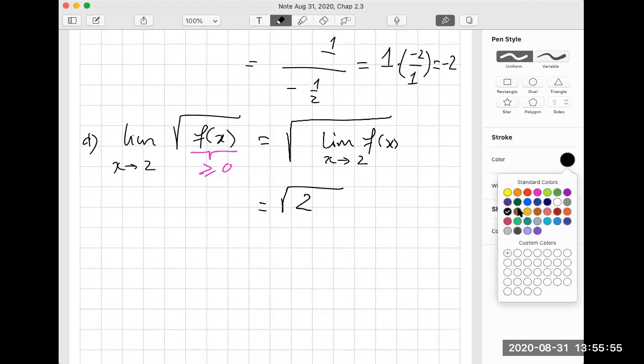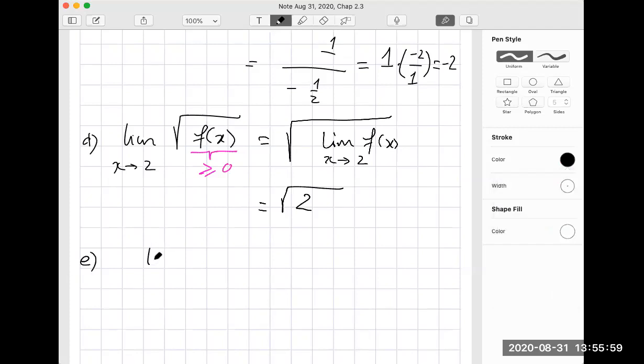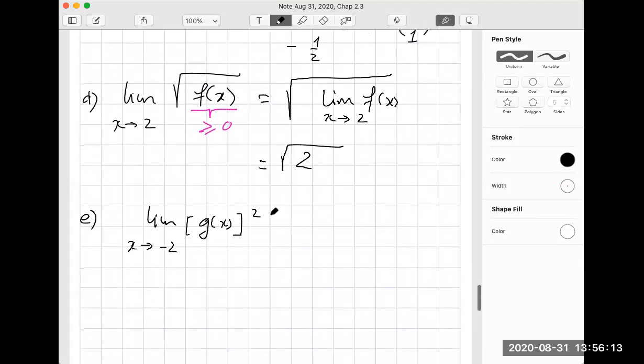Here, let us continue in E, limit of g of x squared when x approaches -2. Okay, again, g of x at -2 does exist, and it should be the square of the limit, right?